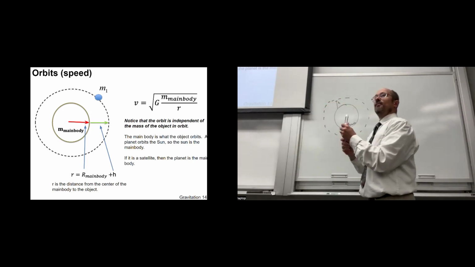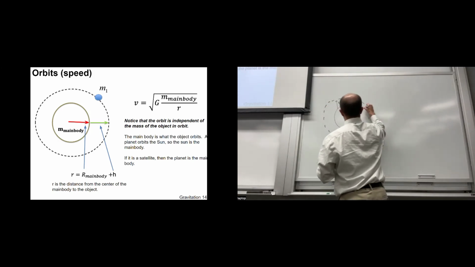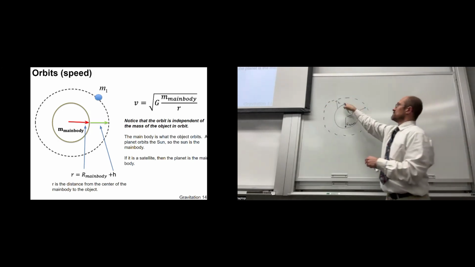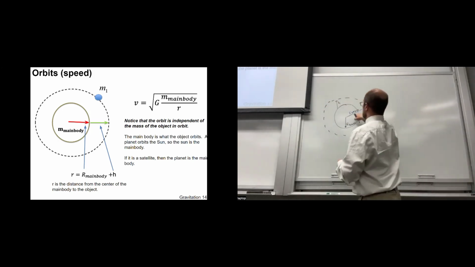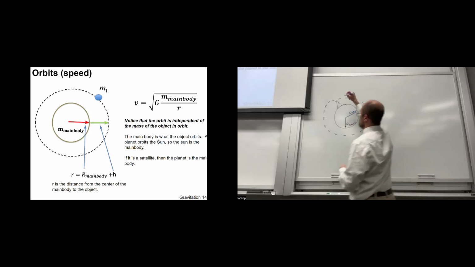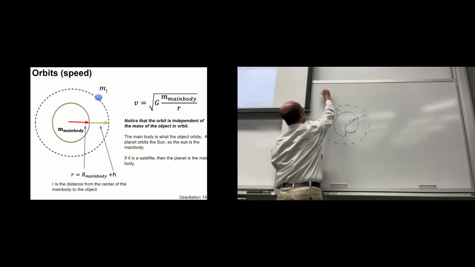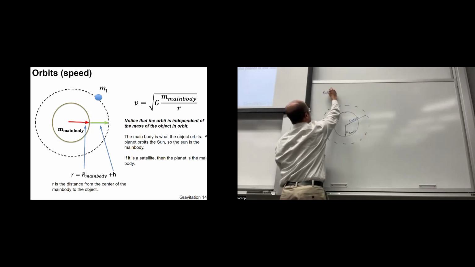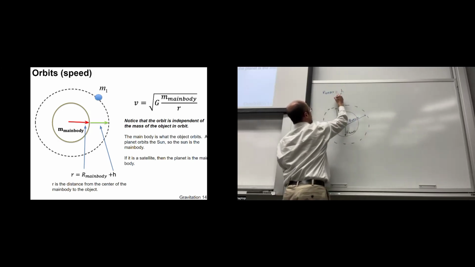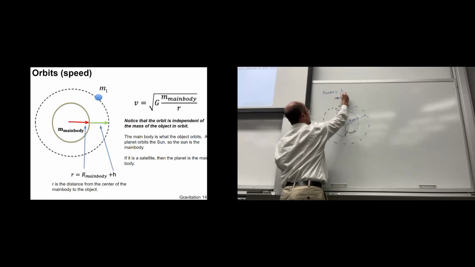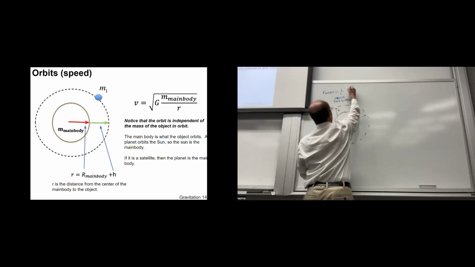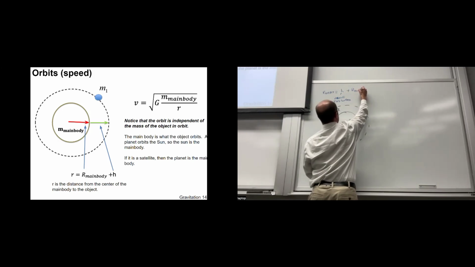So the radius of our orbit is here. This is r of the orbit, right? So we're going to be some distance above the surface, that's h, and you measure from the center of the planet, such that the r of your orbit is equal to the height above the surface plus the radius of that planet.